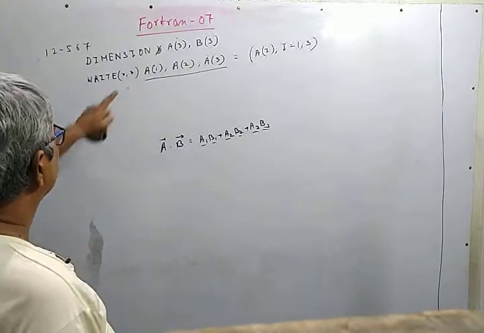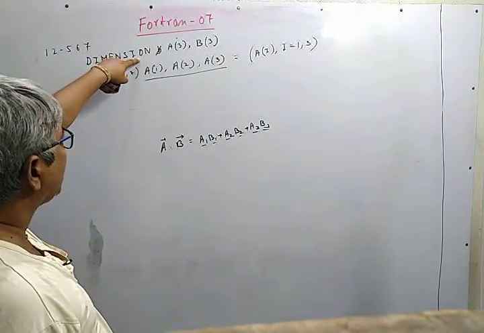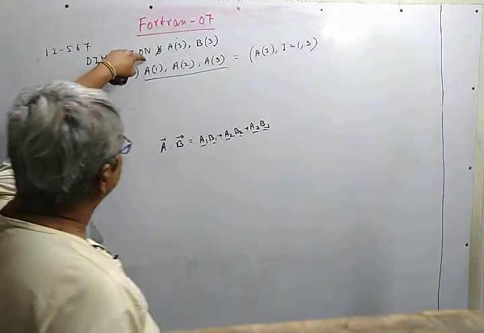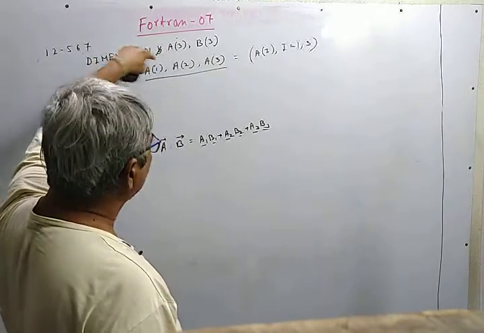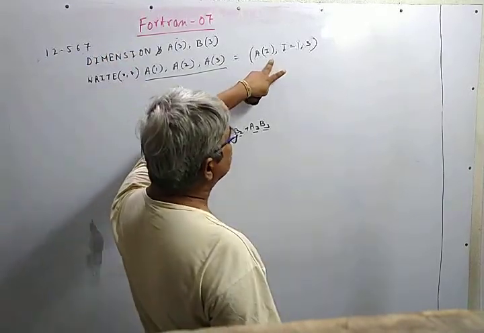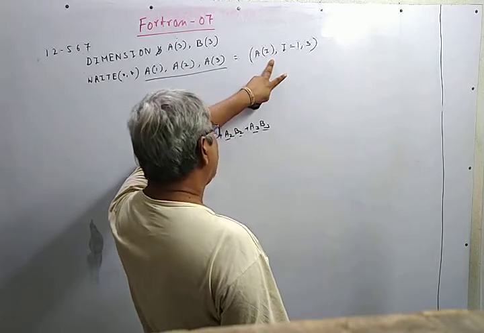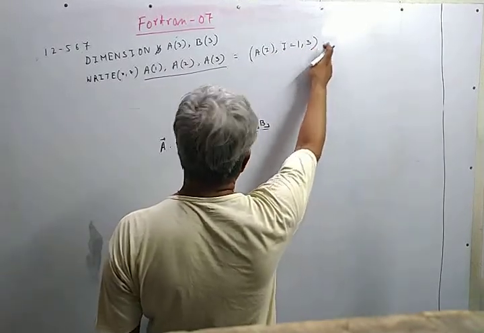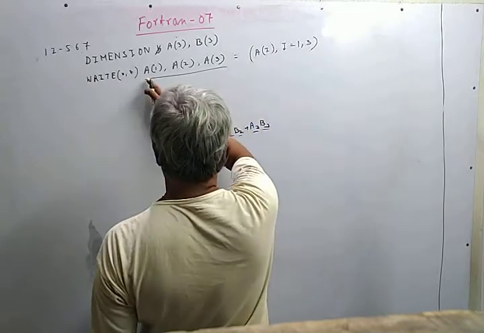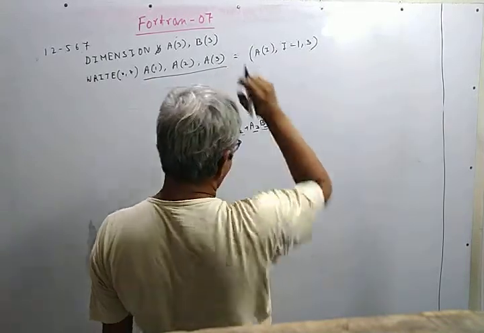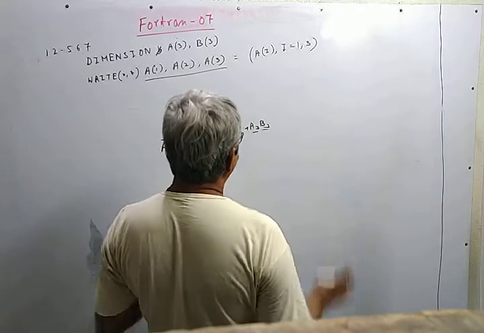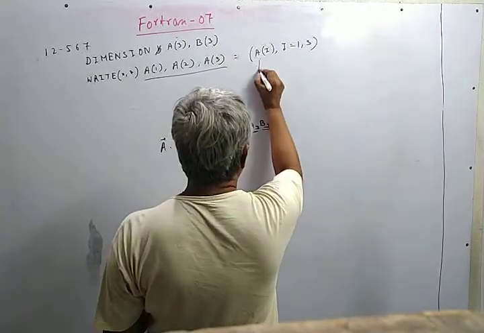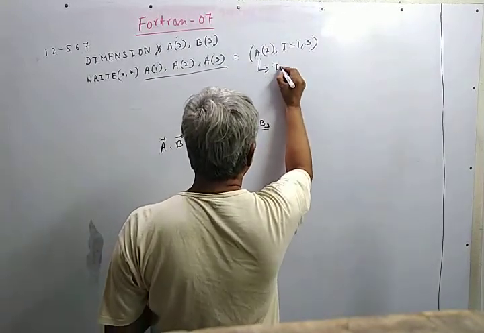Here I is a dummy variable which has not been assigned earlier, so it assumes that it is a loop variable, and this loop variable I takes the value from 1 to 3 in steps of 1, so it actually executes this one. This is called implicit do loop.